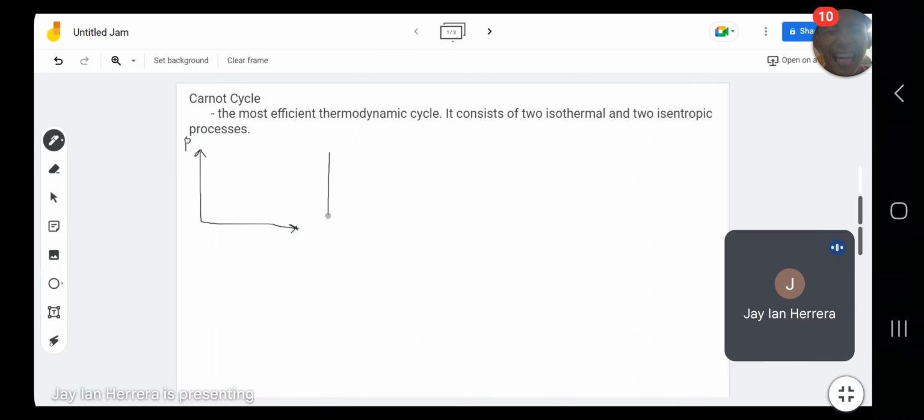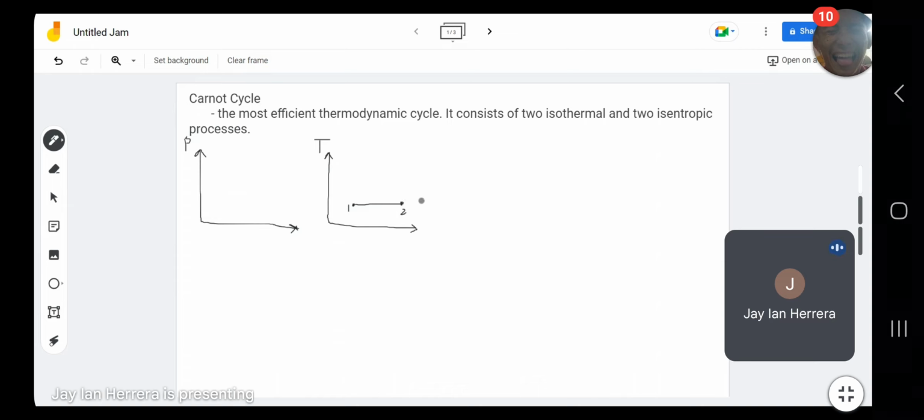Unahin natin si TS. So this is point 1. This is point 2. Point 1 to 2 is an isothermal process.